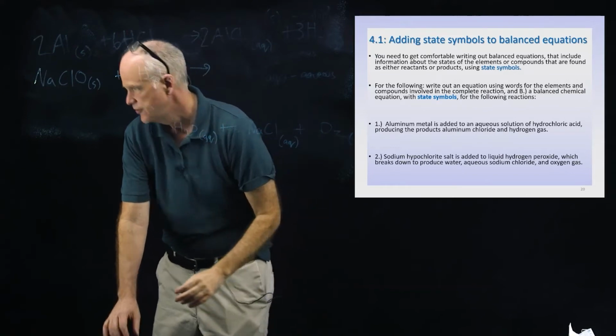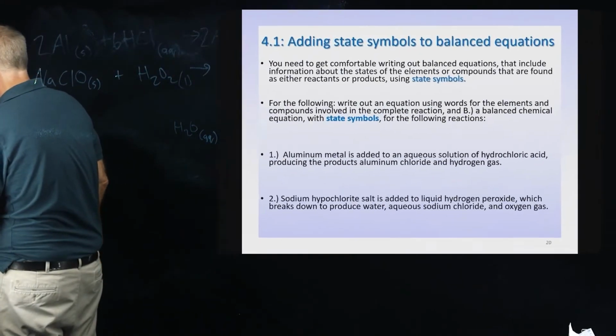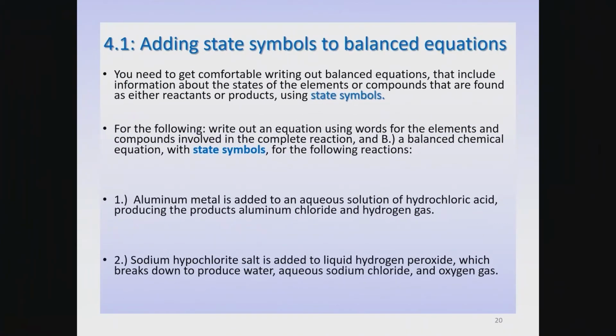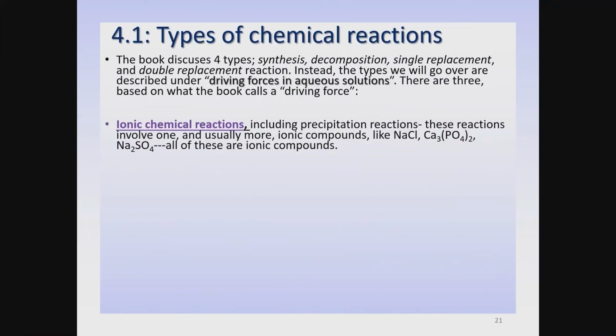Okay. So let's go on to the next thing. Okay, types of chemical reactions. Your book talks about 4 types of chemical reactions: synthesis reactions, decomposition reactions, single replacement reactions, and double replacement reactions.